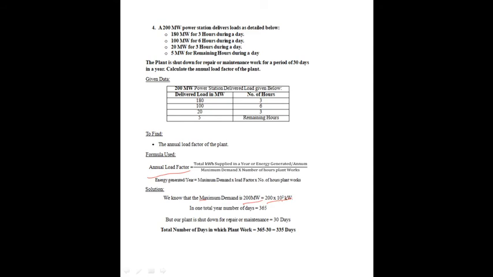In one total year number of days is 365, but our plant is shut down for repair or maintenance 30 days, so we have to subtract 365 minus 30, that is the total number of days in which the plant works. So 335 days are the days in which the plant works.